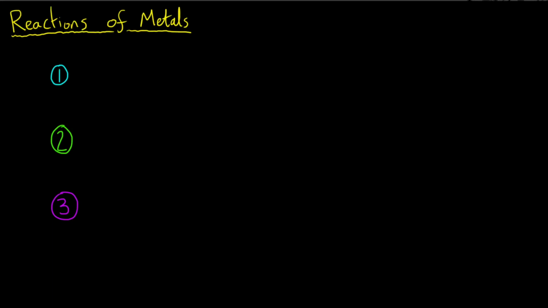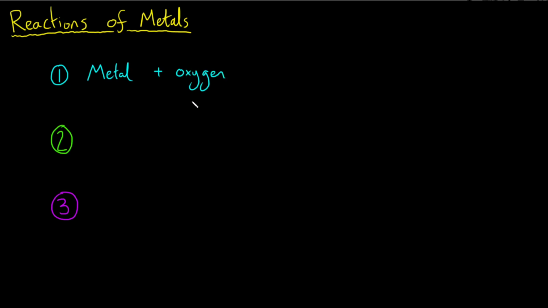I hope we're all doing really well and ready to continue on with some Unit 3. Today we're going to be looking at reactions of metals, and there's three different reactions that we need to know. Those three reactions are when, first of all, we take a metal and we react it with oxygen gas.